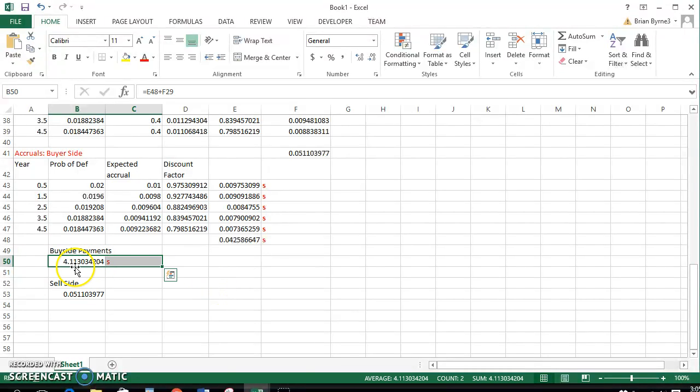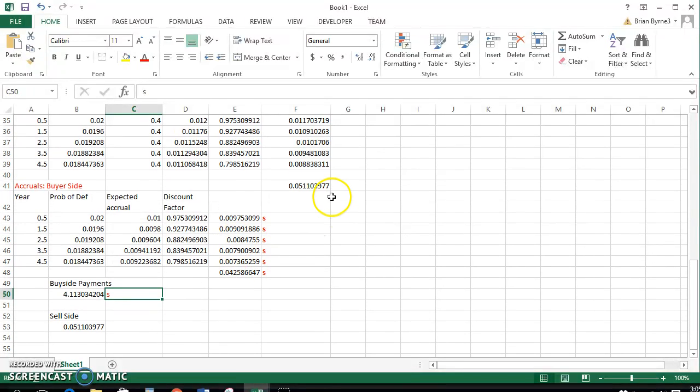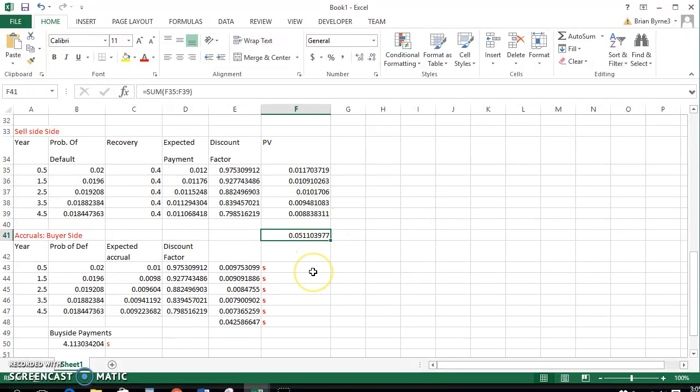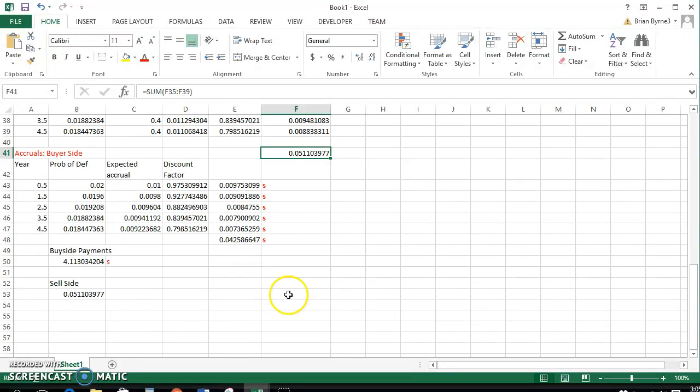Okay, so the product of the 4.11 S is equal to 0.05 of the notional principal of the reference asset. So if we consider the notional principal to be $1, then what the sell side is offering is economically equivalent to 5.11 cent.